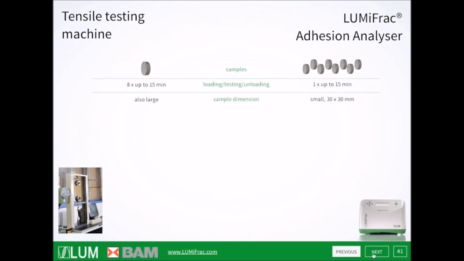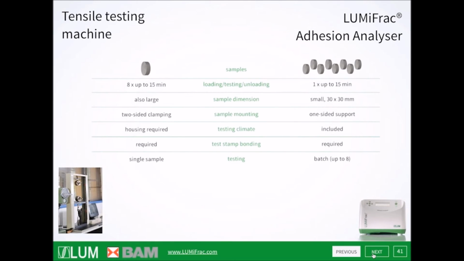Next up, let's come a little bit more to technical questions. With the tensile testing machine, there's a two-side clamping to mount the samples. With the Lumifrac, you have just one side support system, and you saw the sleeve is supporting the substrate, so there is no clamping necessary.